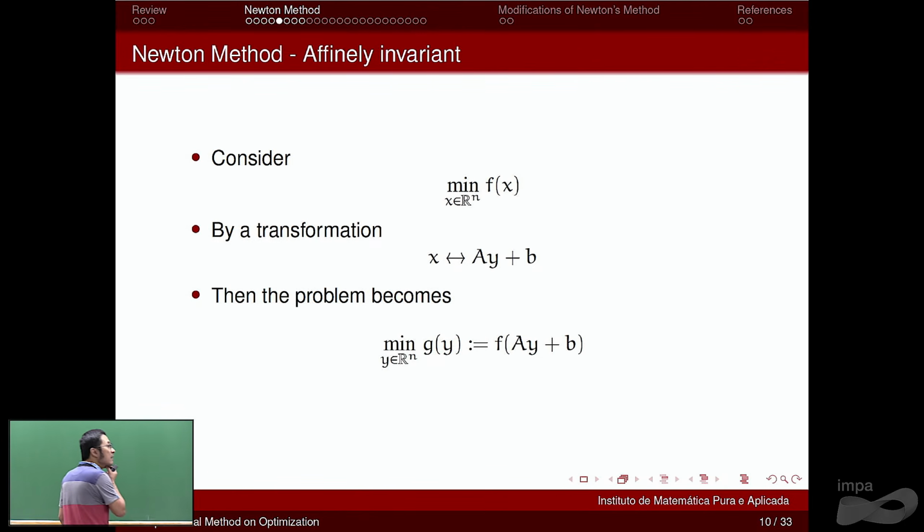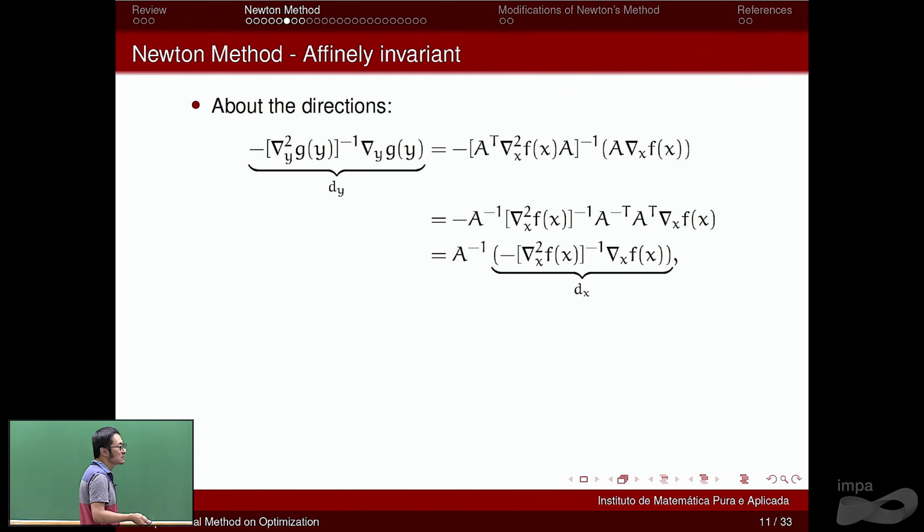The very interesting property of the Newton method is that if we use Newton method for both these two problems, we have a similar result. We have the corresponding iterates, and they are connected by the same transformation. Let's see what it means. First, we need to calculate the Newton direction of the function g.